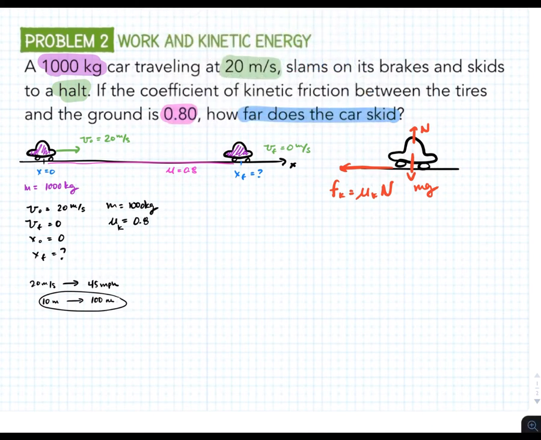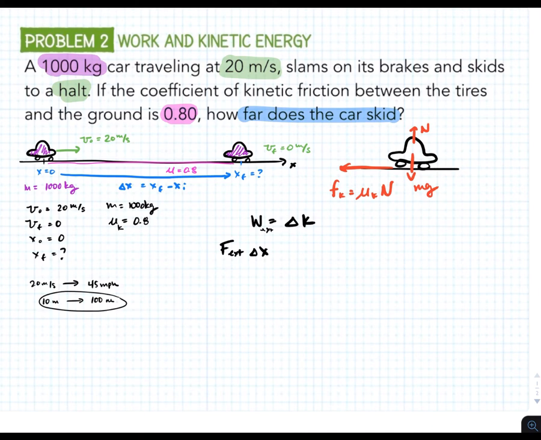To solve this, we need the work kinetic energy theorem. Work is equal to the change in kinetic energy. Work external is made up of force external times delta x, where delta x is x final minus x initial.